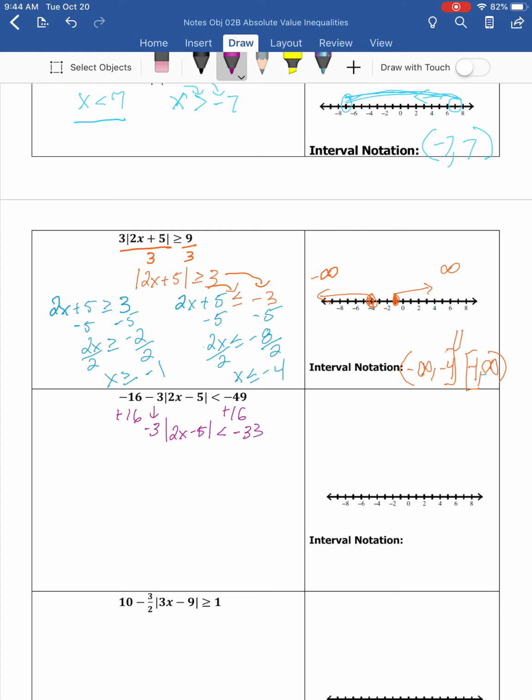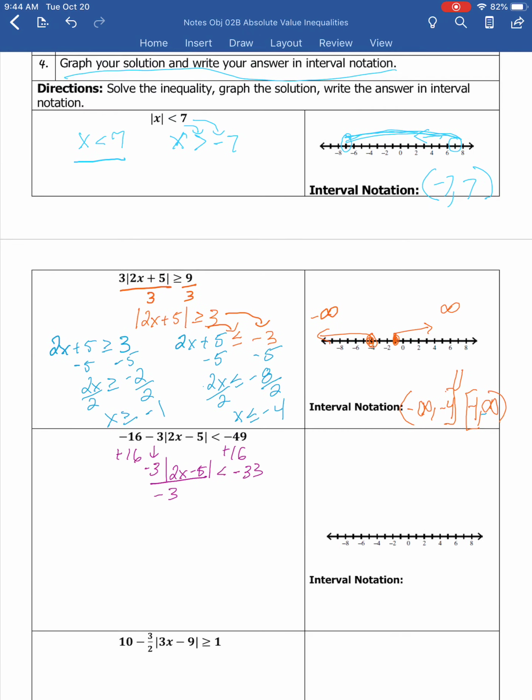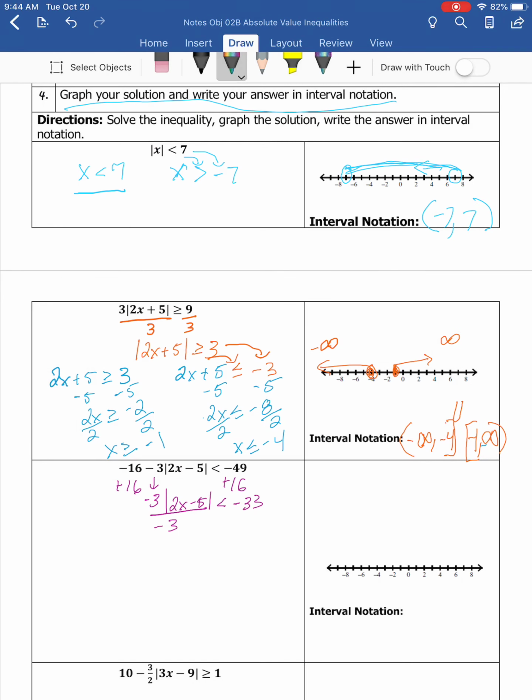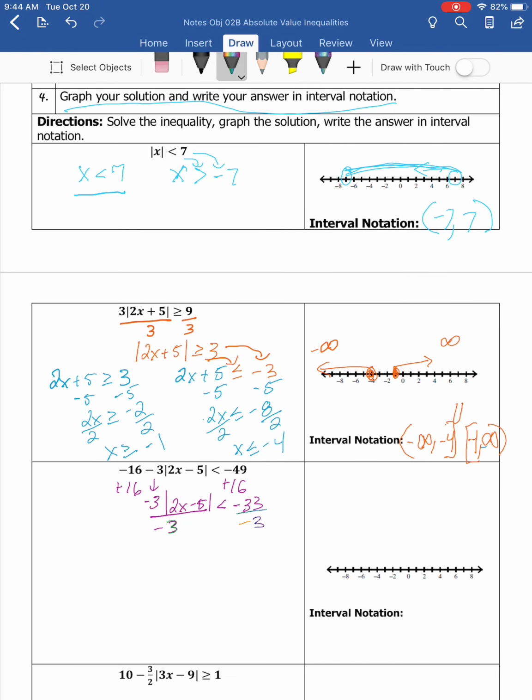Now here is the switch. So I'm going to be dividing each side by negative 3. Okay, this is where the magic happens. When you are dividing by a negative, you need to make sure that you have that inequality symbol switched.